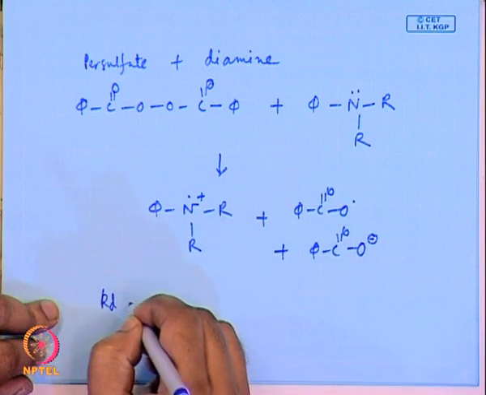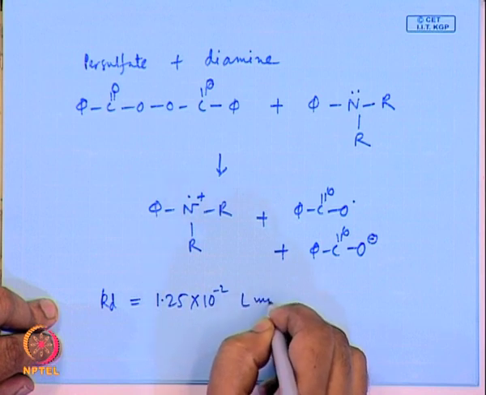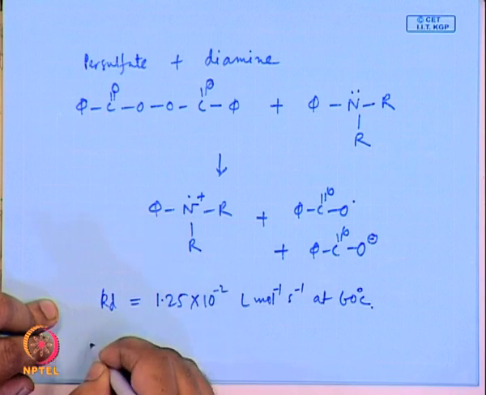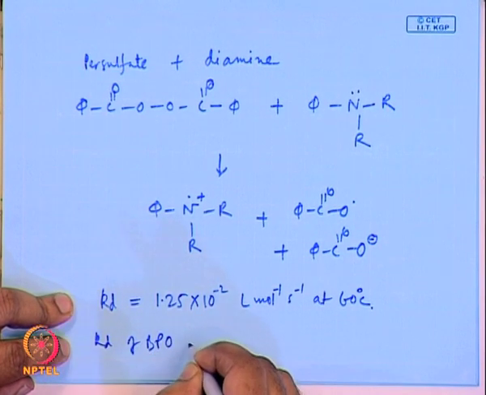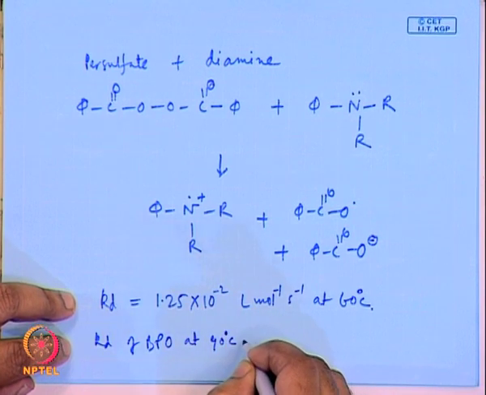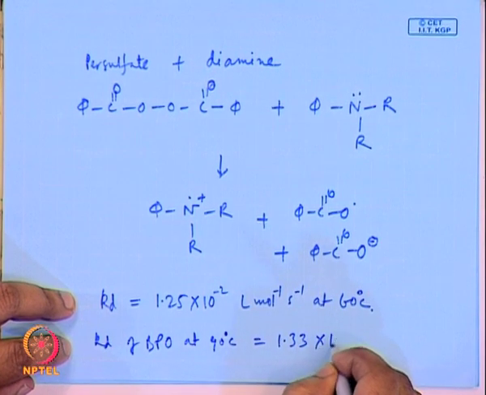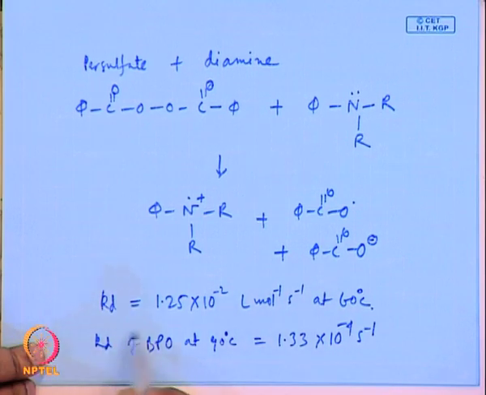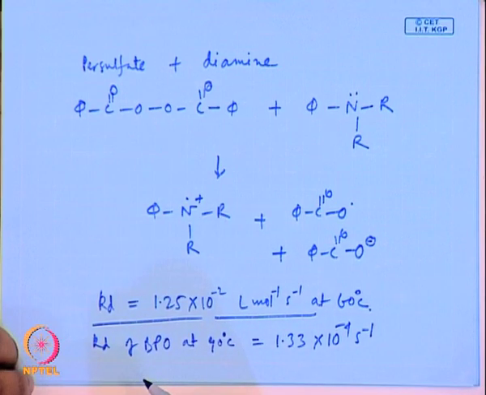Now kd of this reaction at 60 degrees centigrade, whereas kd for BPO at 90 degrees centigrade was 1.33 into 10 to the power minus 4 second inverse, which means this redox reaction is much faster.